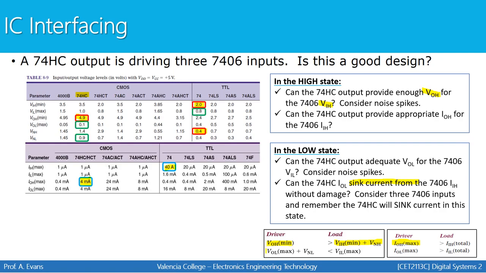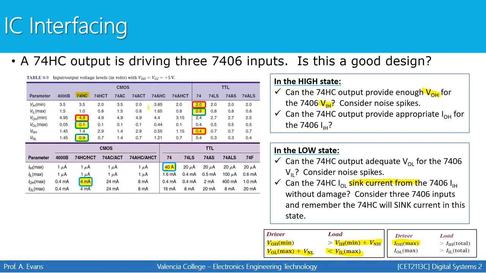Let's start with the voltage. So now I'm going to be looking at this equation right here. I'm going to look at the low-level output voltage for my driver, plus the low-level noise spike for the driver. I'm going to add those up and make sure that they are less than the low-level input voltage for the load.